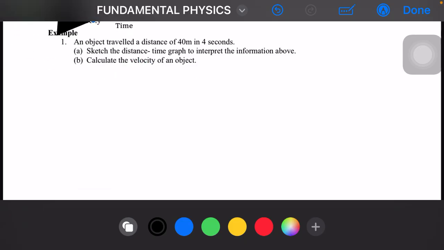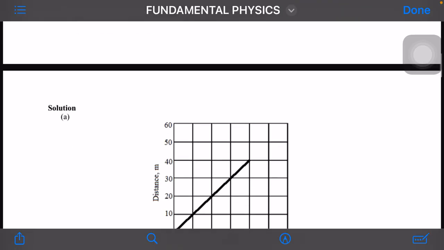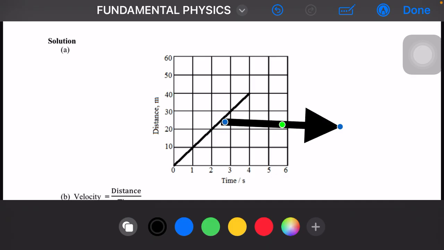Using that formula, you are able to find your velocity, and you plot the graph by using the y-axis as your distance and your x-axis as your time. Let me show you the graph. The graph should look like this one.